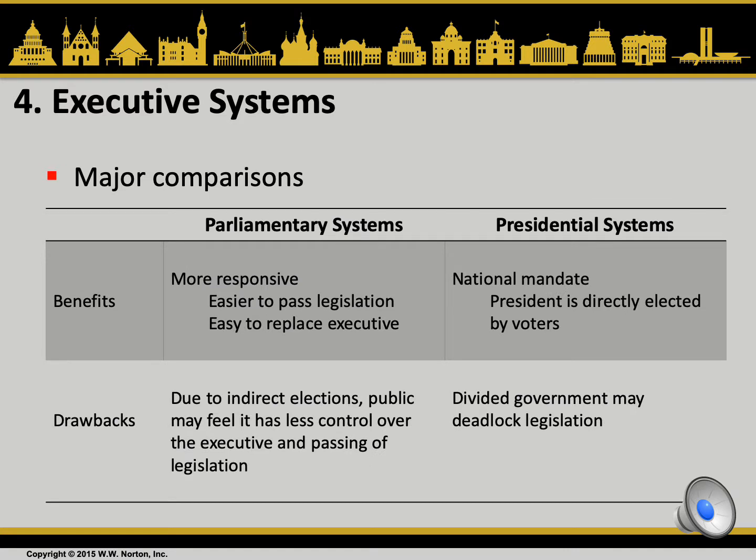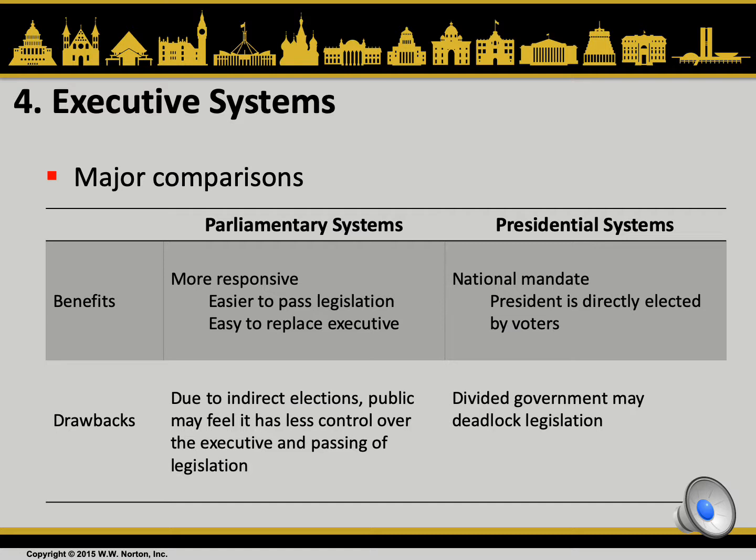Just a couple of examples, and there are many more than this, of benefits and drawbacks between the parliamentary system and the presidential system. Because the legislative and executive branches are fused, legislation tends to pass through not only easier but faster.